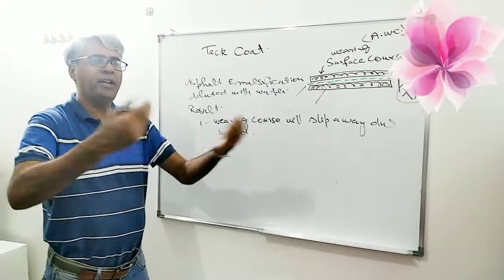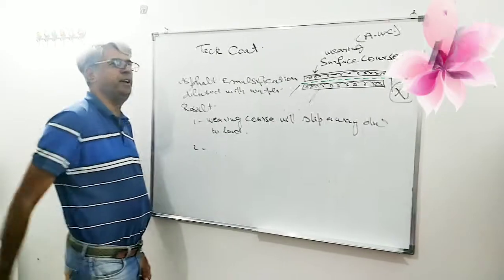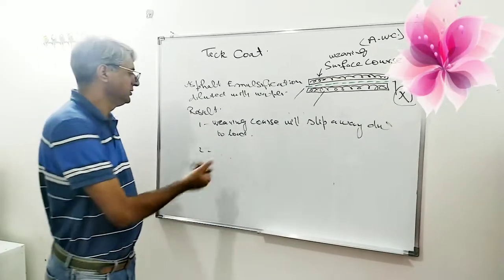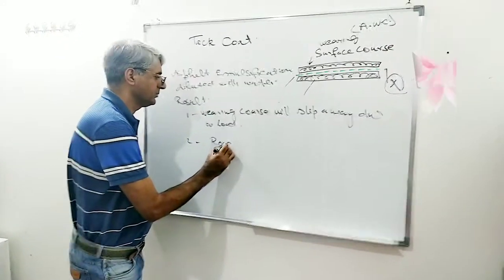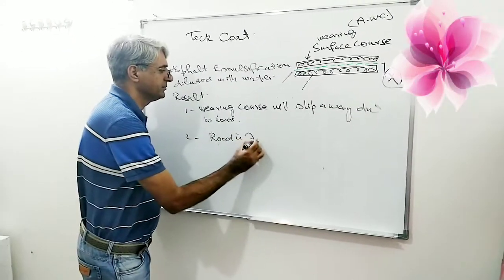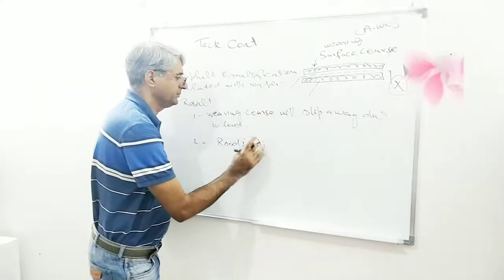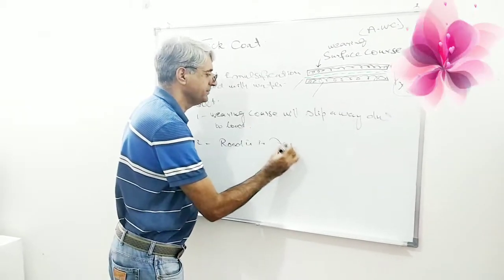So because there is no bonding between these two, when the wearing course will slip away, we are using the term that our road is failed. In failure stage.